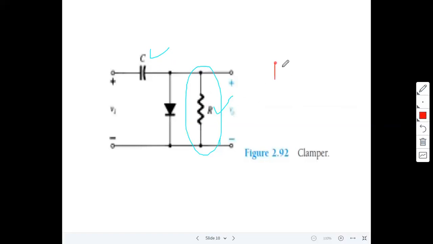The circuit time constant RC should be very much greater than the time period of the input signal, nearly 10 times.